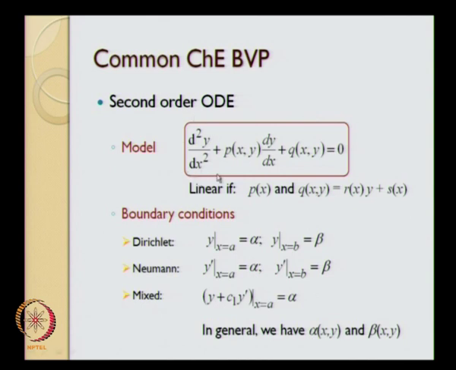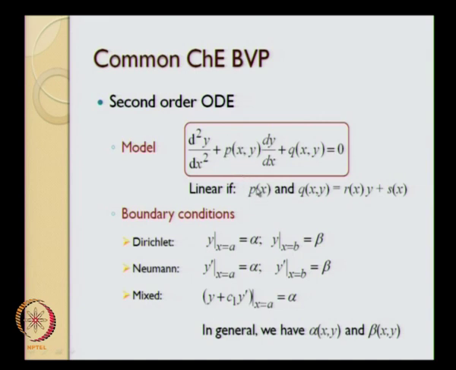After we rearrange a particular equation, we will get an equation of the form d square y by dx square plus p dy by dx plus q equal to 0, where p and q in general can be functions of both x as well as y. Now this particular equation is said to be linear if p is only a function of x, not a function of y.